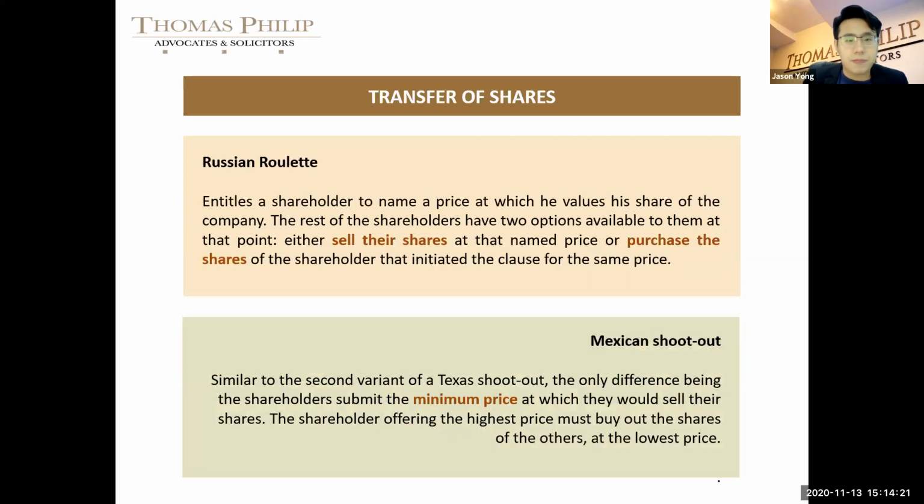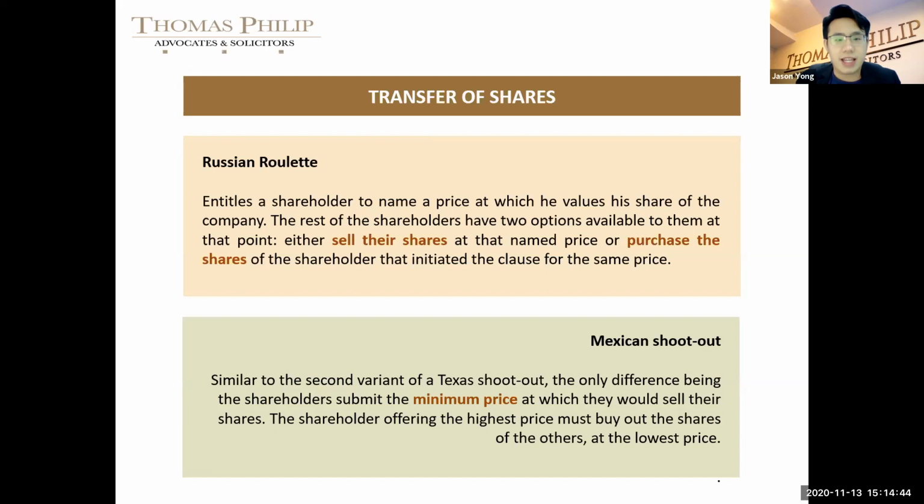Now the next type, okay, first one is a Russian roulette. The way the Russian roulette works is a shareholder names the price at which he values his share of the company. Okay, so an example of this is I think my shares are worth 100 ringgit. The remaining shareholders then have two options.